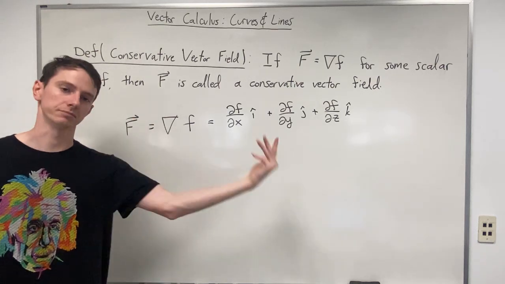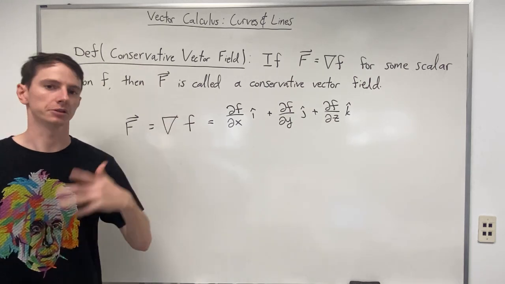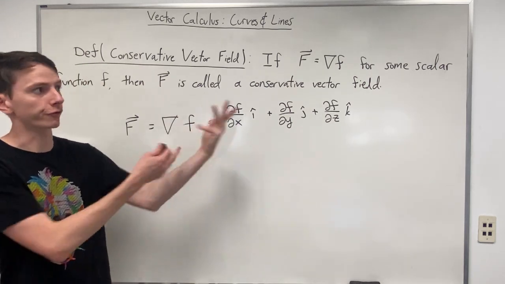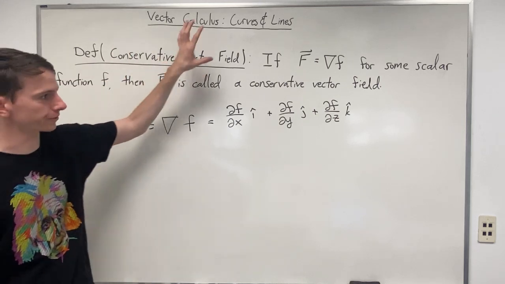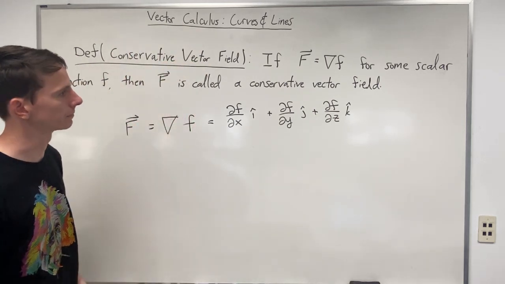So if you have a force and energy is conserved when applying that force, then that would be considered a conservative force modeled by a conservative vector field. So it comes from physics. That's where the name comes from.